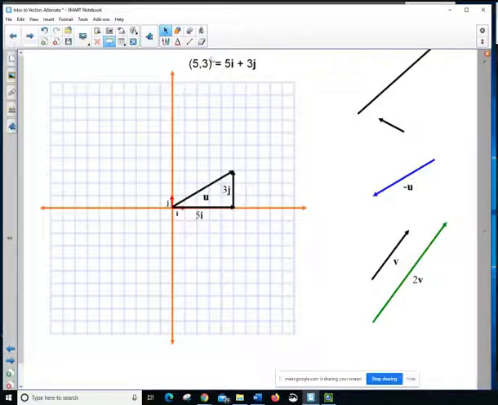Either explicitly as an ordered pair or as a sum, as a linear combination of these standard basis vectors. You'll see me using this version much more frequently because it's just easier to write. However, you will see the book use this version very often.